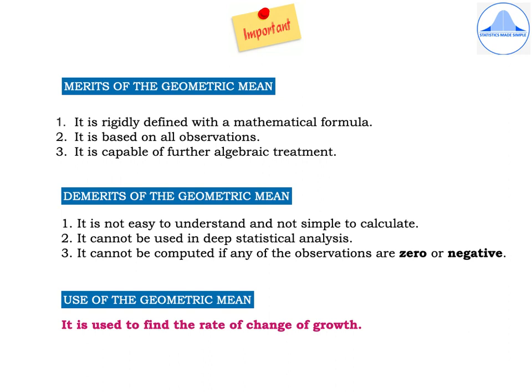The demerits of the geometric mean are: it is not easy to understand and not simple to calculate, as we have to find the logarithmic values for all the observations, it cannot be used in deep statistical analysis, and it cannot be computed if any of the observations are zero or negative. The use of the geometric mean is, as you've seen in the 9th and 10th problem, to find the rate of change of growth.